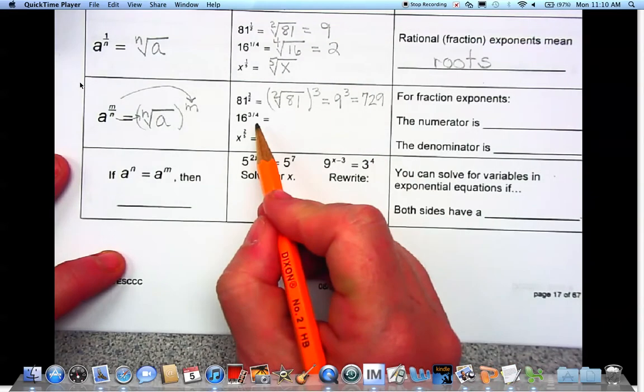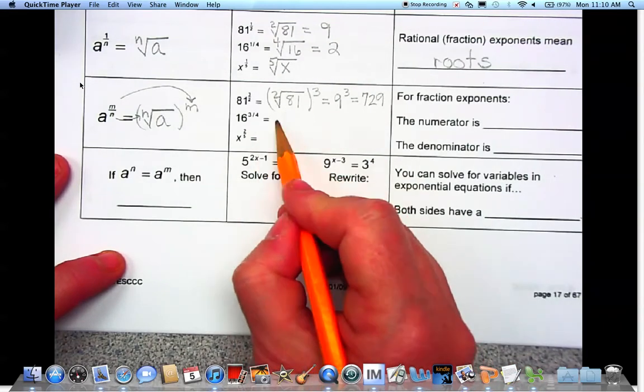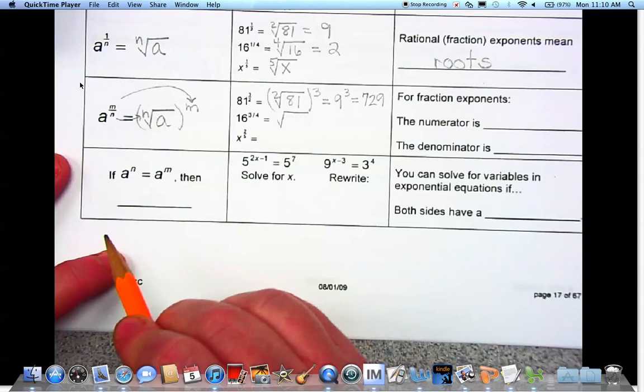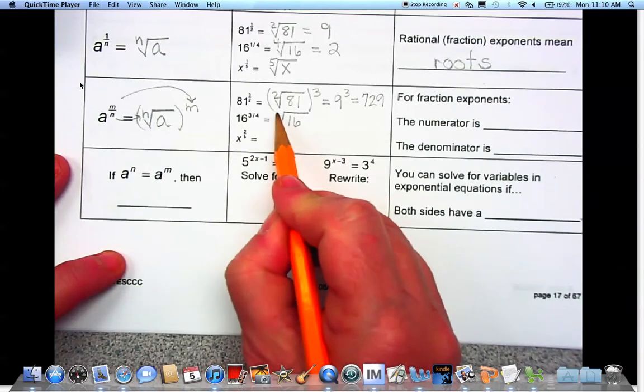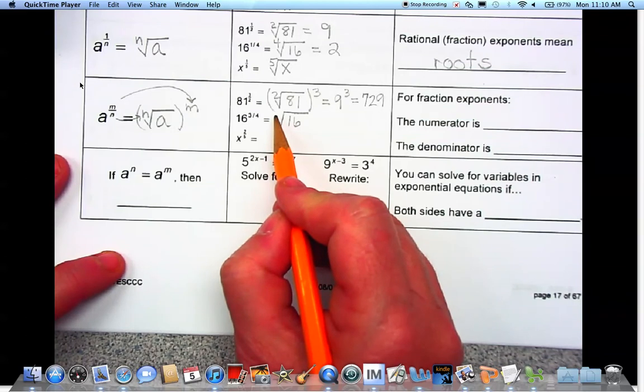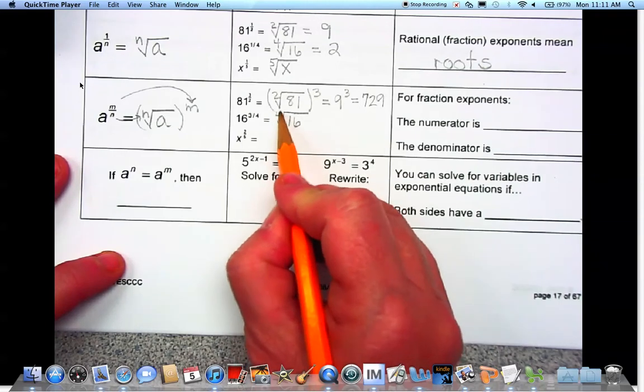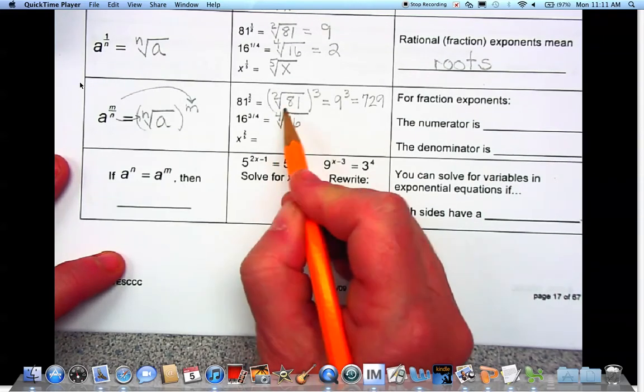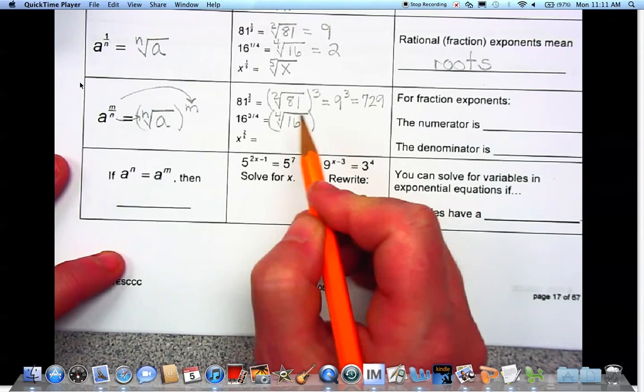Okay, how would you write 16 to the 3/4? The 4th root. Remember, denominator is your root. We're going to draw a picture here in a minute to help us remember that.